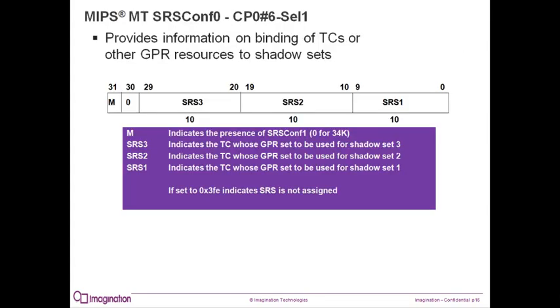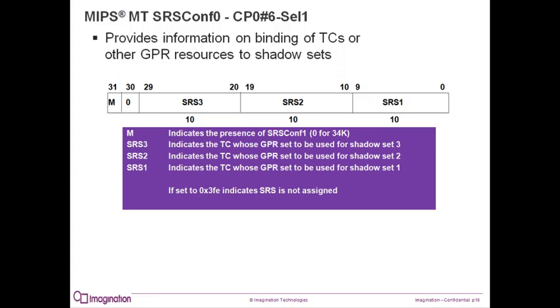The shadow register sets for the 34K use up a TC. This register tells the VPE which TC is being used for which shadow register set. It is recommended that the TCs that will be used as shadow registers be the highest numbered TCs.